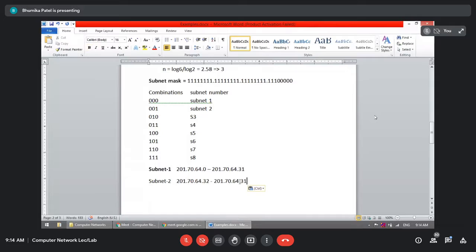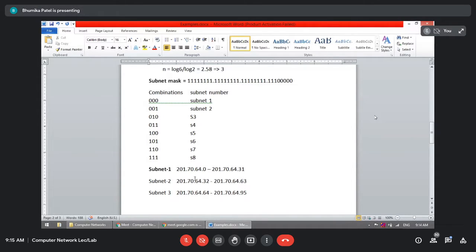I'm just copying, just changing the last number to 63. Then subnet 3 will be from 64 to 95. I'm just adding 32, 32, 32, right?